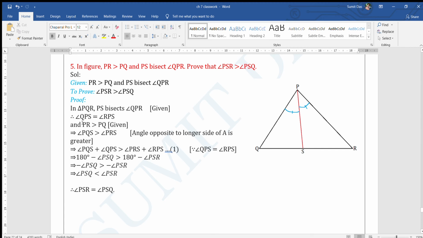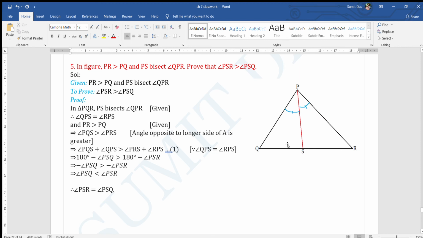To prove, now in triangle PQR, PS bisects QPR, right? That means QPS, this angle, equals RPS, that means this angle. Okay, and PR greater than PQ, it is given. Now if PR greater than PQ, we can write the opposite sides.